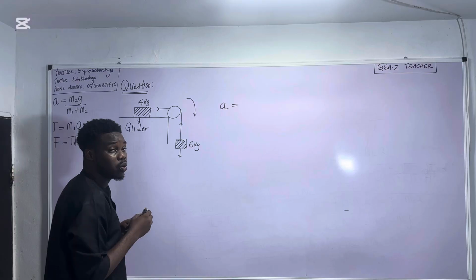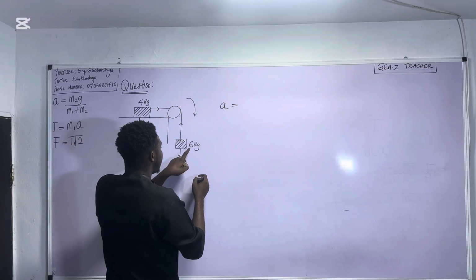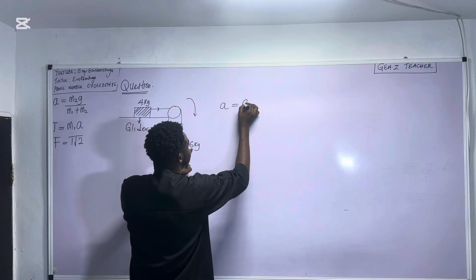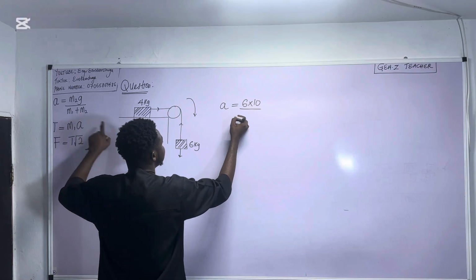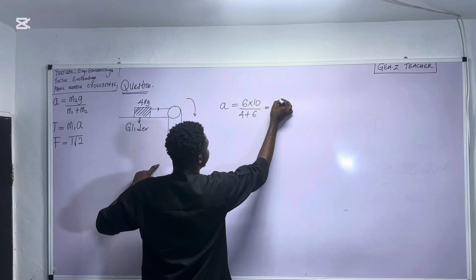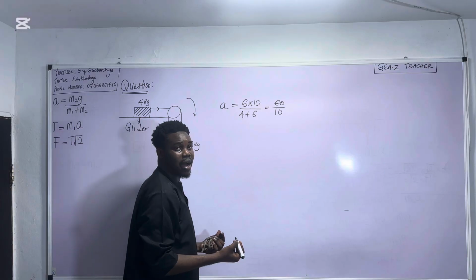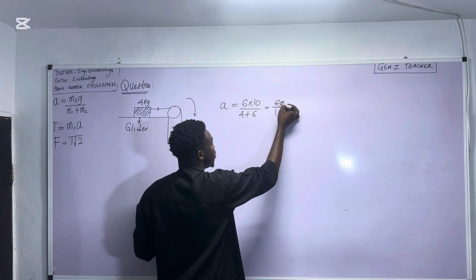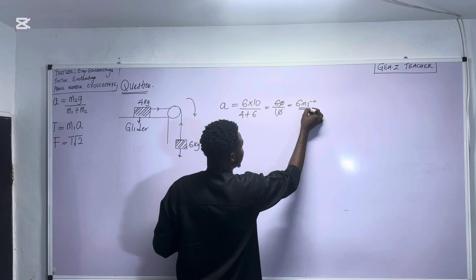Who is M2? The mass hanging freely is M2, so M2 is 6. So we have 6 times G, which is 10, divided by M1 plus M2, which is 4 plus 6. This gives 60 over 10, and the answer becomes 6 meters per second squared.